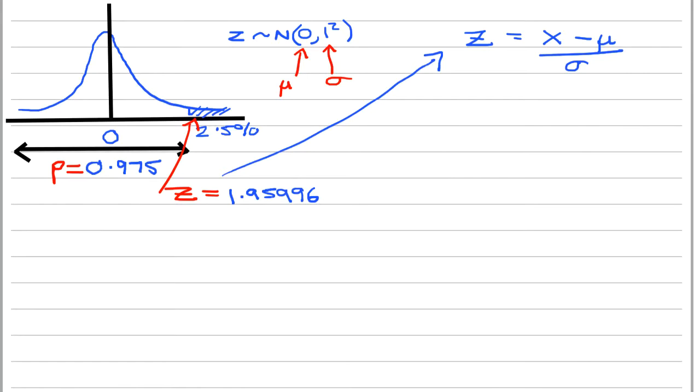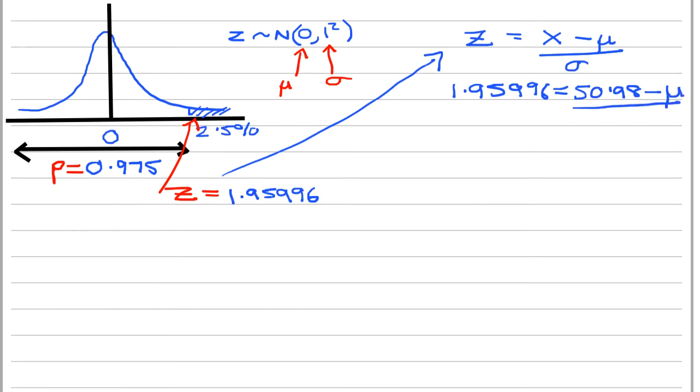I've written the Z value on the screen, and we're going to use that in this equation here. Z equals x minus mu over sigma. Now, we've got our Z is 1.95996 equals our x value, that came from the question, the 50.98. So I've got 50.98 minus mu, it's mu that we want to find, that's why we're using the Z distribution.